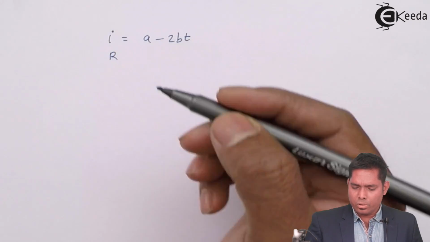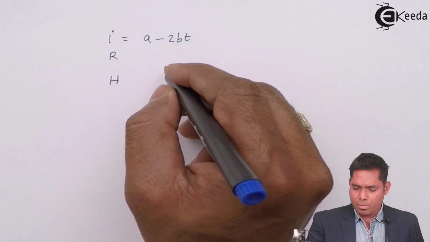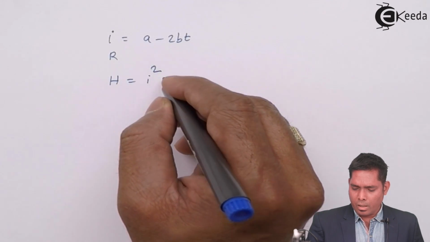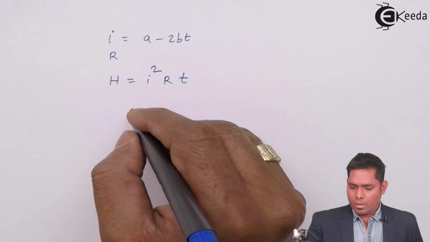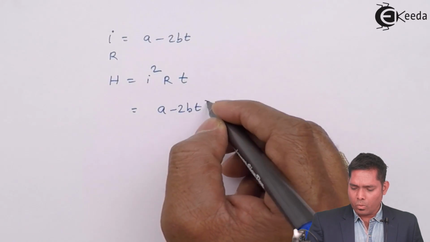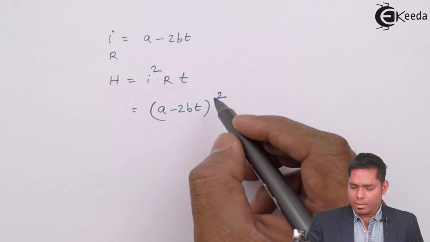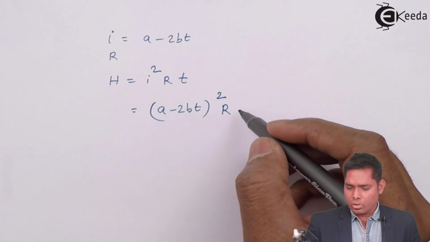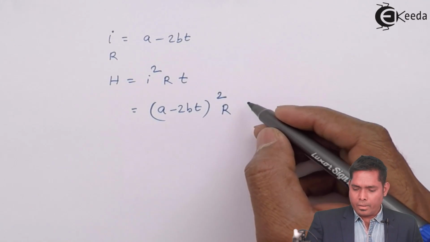Resistance R is used. Heat produced in a time t is I square RT. I is the square of this one, A minus 2bt the whole square, R is R, and this t will be there.